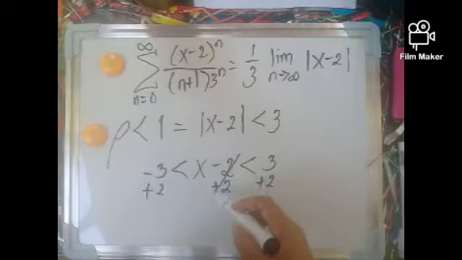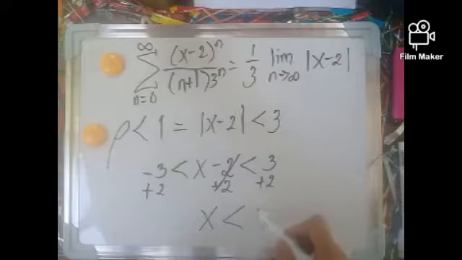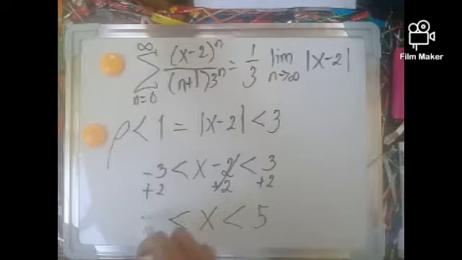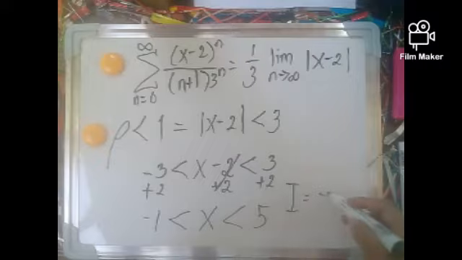So we have, ang natira ay x is less than 5 but greater than negative 1. So our interval of convergence is negative 1 and 5.